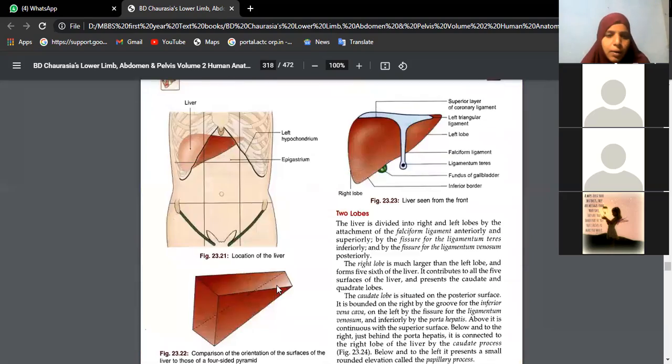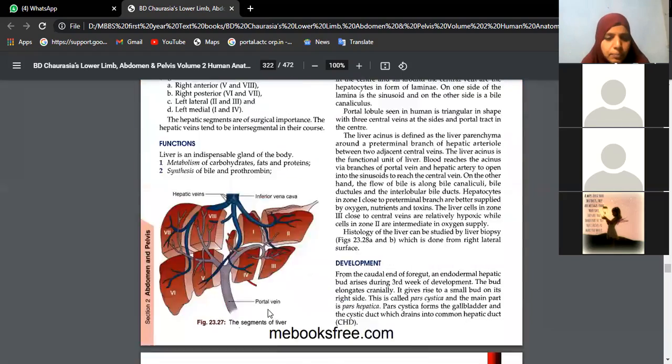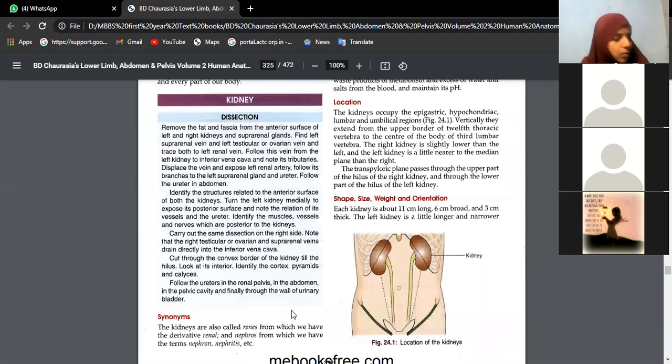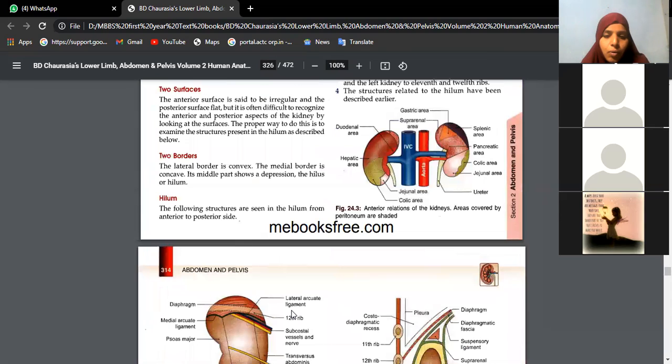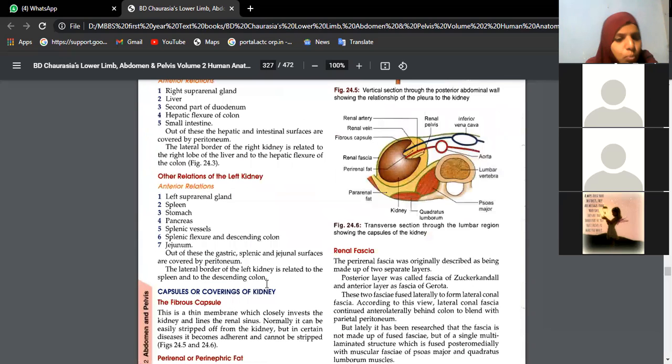Anybody remembers what are the posterior relations of left kidney, Hema? PQT is the code I gave you. Psoas major, quadratus lumborum, and T for transversus abdominis muscle. Very good. Whether it is right kidney or left kidney, beta, if you are asked about posterior relations, both are same.